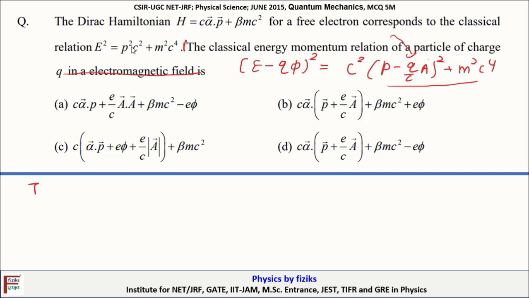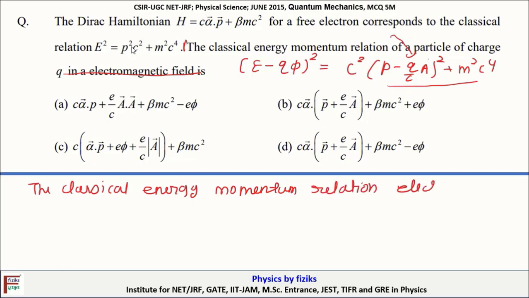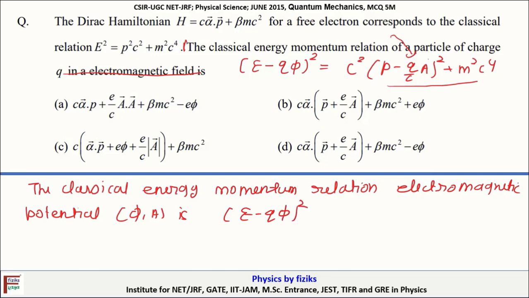The question is saying the classical energy momentum relation for electromagnetic potential phi, A is E minus q phi is equal to square root of c square (p minus q by c A) square plus m square c to the power 4.